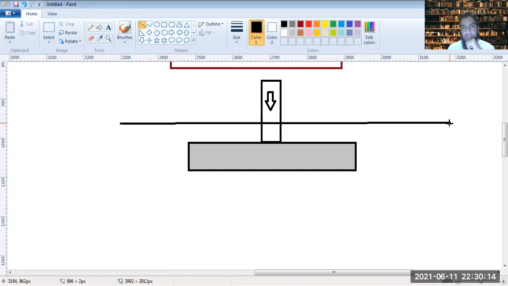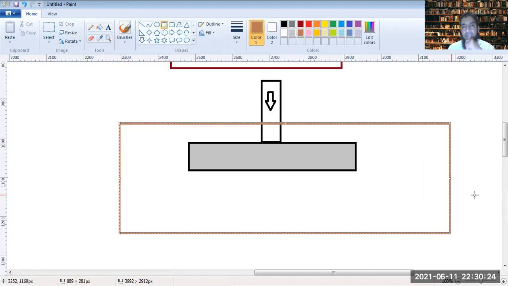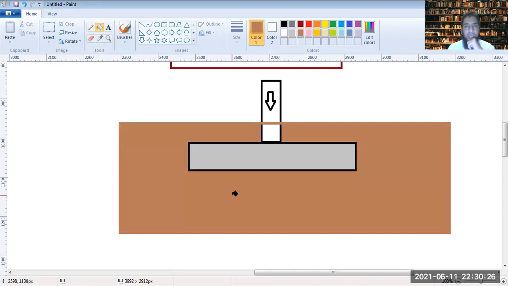So there is a soil envelope here, and for example, this is the soil envelope here. All this is soil. Now, just try to guess what would happen to this load. Where would it go? It would be distributed like this.